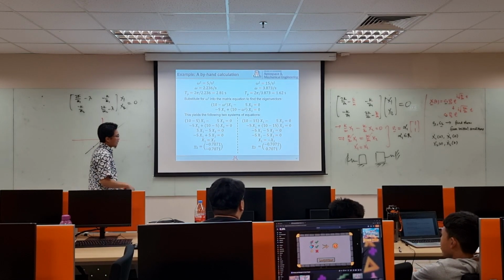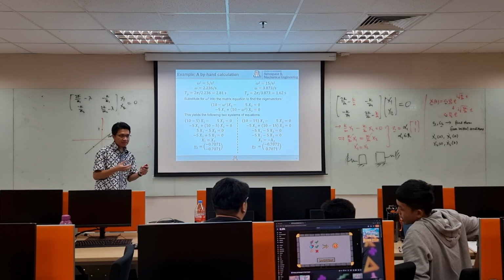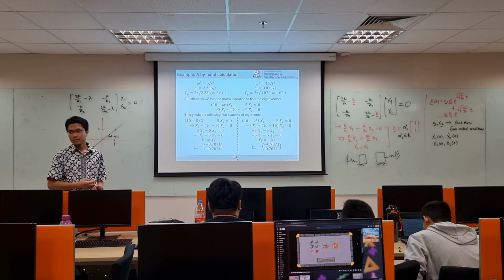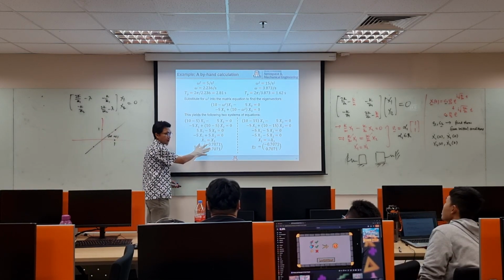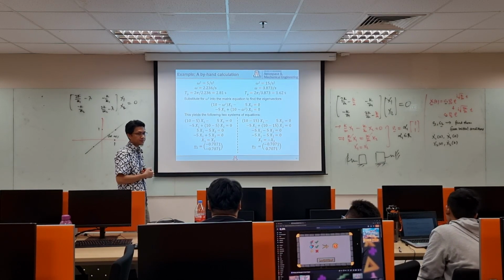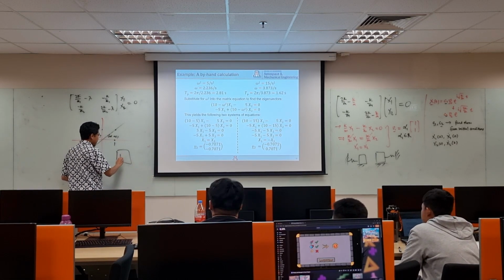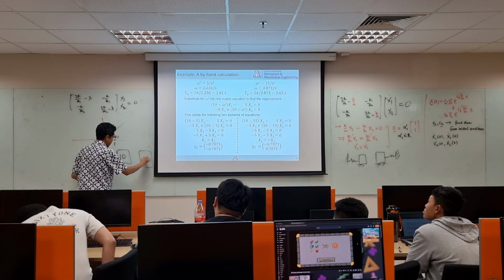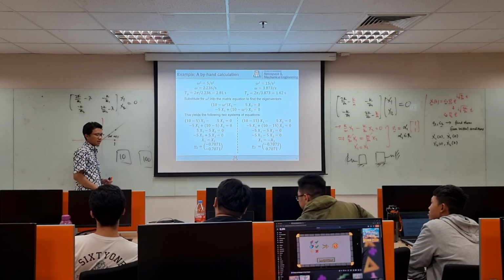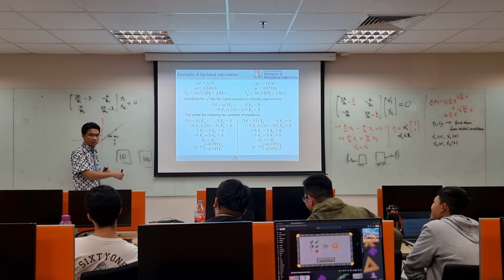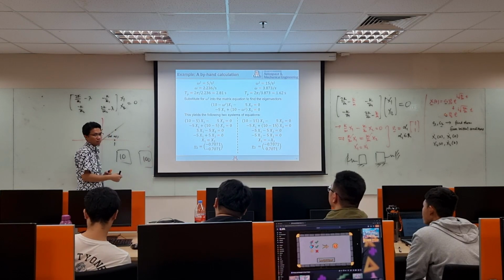The 1 1 and minus 1 and 1 can only happen when the masses are the same, same k. If mass 1 and mass 2 are different, then this number could be different, but they will move in the same direction. Let's say mass 1 is 10, mass 2 is 100. For the first natural frequency, they still move in the same direction, but with different magnitude.